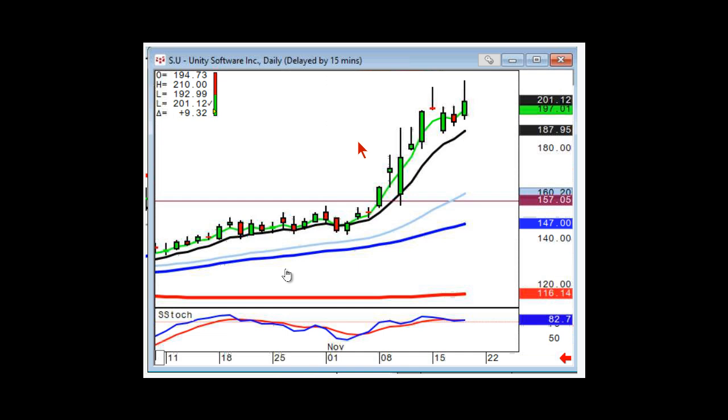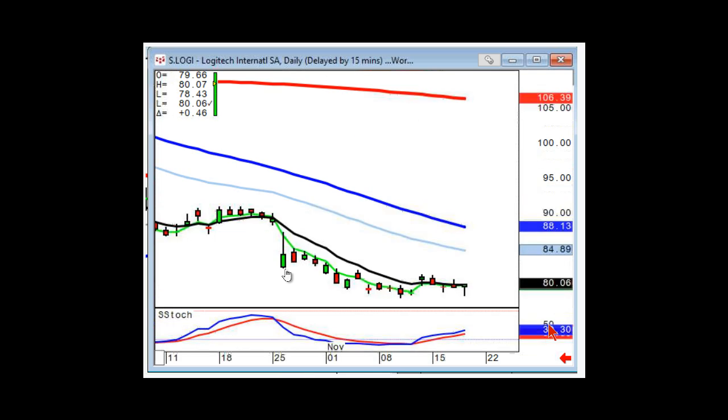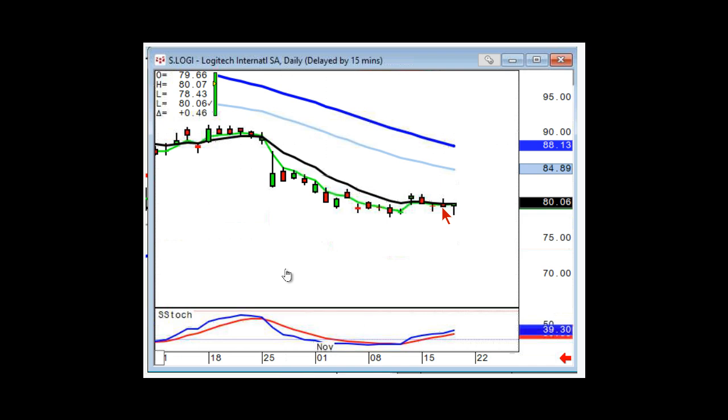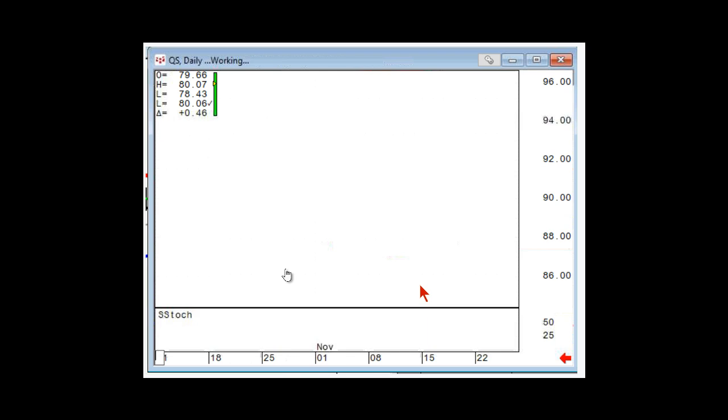Stay long. I would just use the T-line as your stop on Unity. Doji, I wouldn't be long or short, not until you see a signal one way or the other.